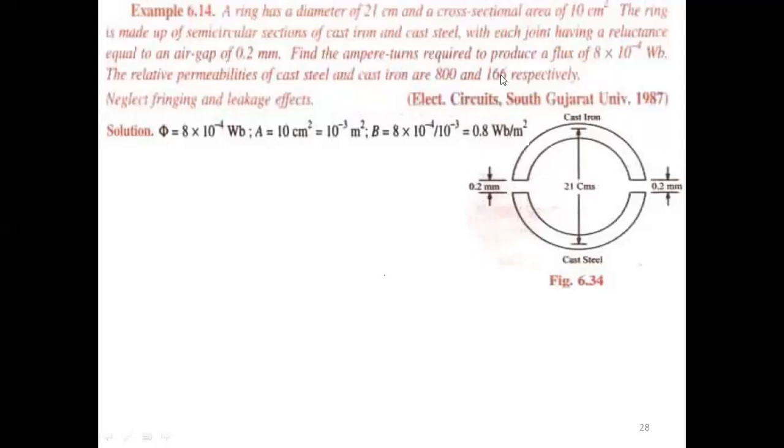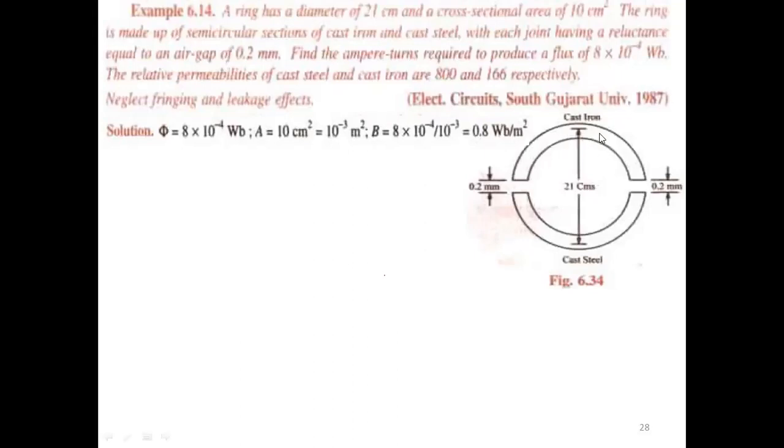Find the ampere turns required, which is nothing but the MMF you have to calculate here. See here, I will give the hint. How many of you solved this one? It is there in the BL Theraja textbook also. See here, this is one material.